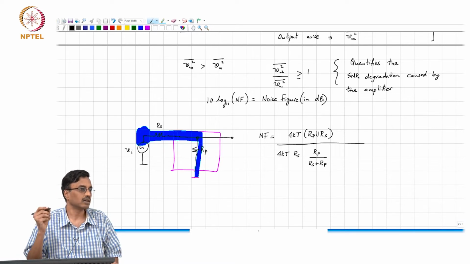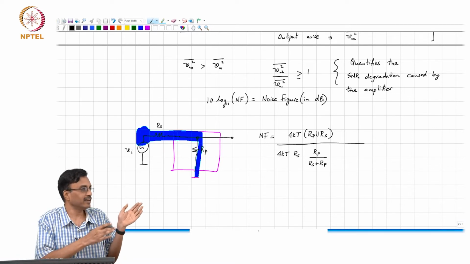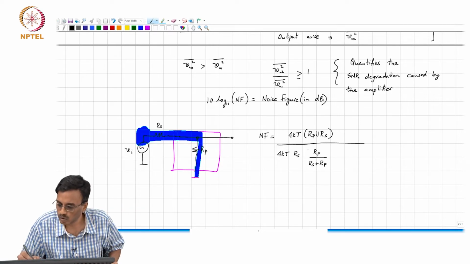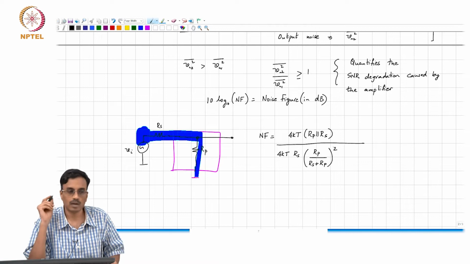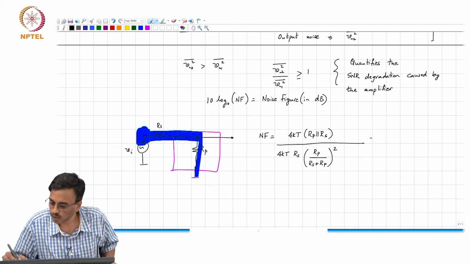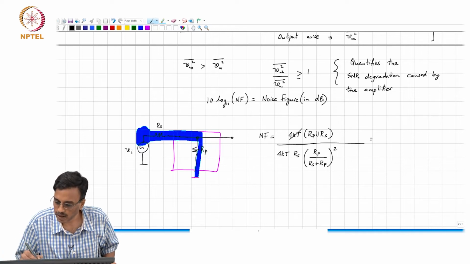So, what should I do? The noise spectral density is going through, within quotes, a gain. So, we have to multiply by the gain square, correct, and therefore the 4 kT goes away.